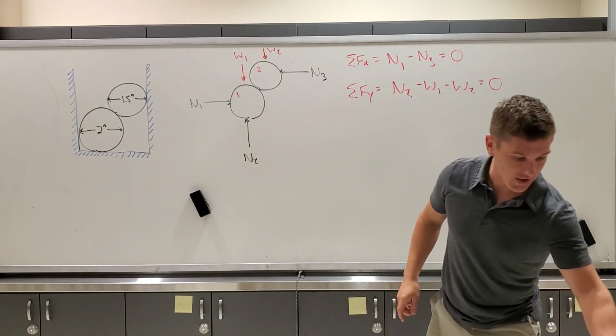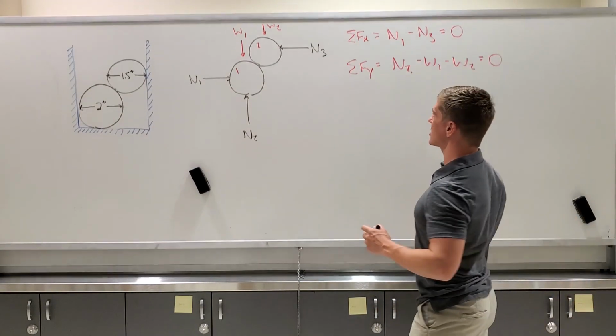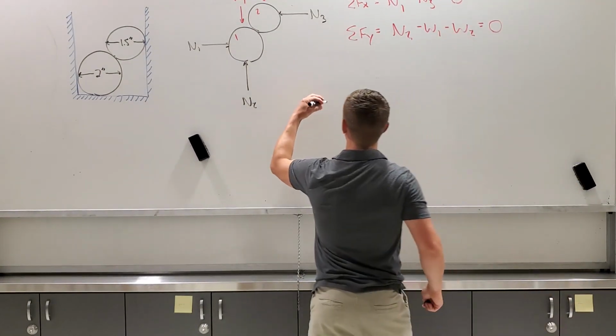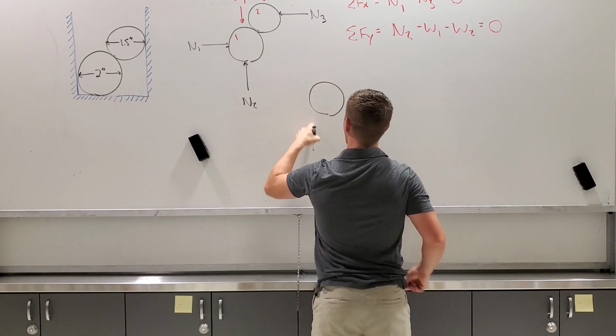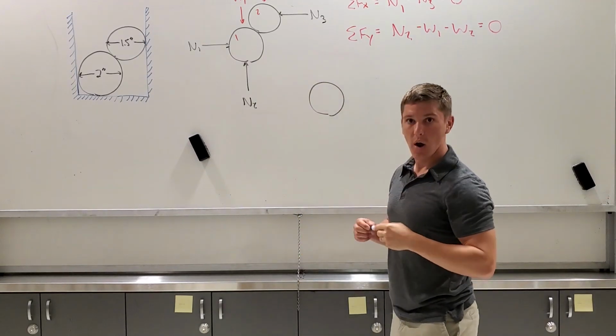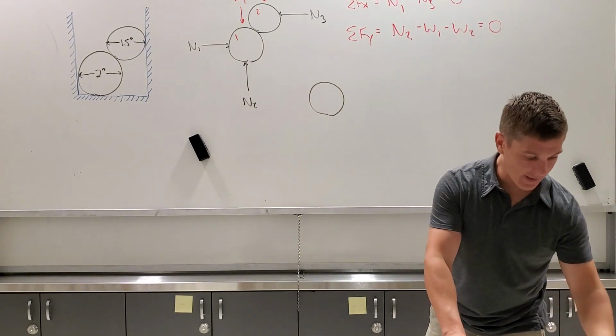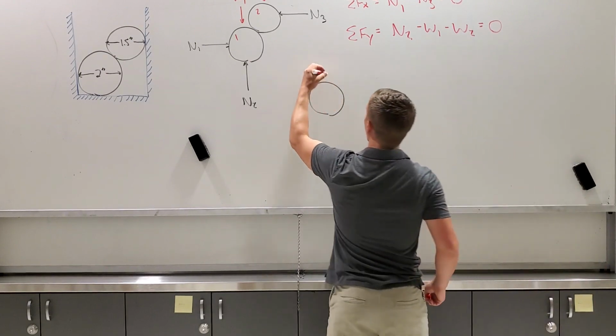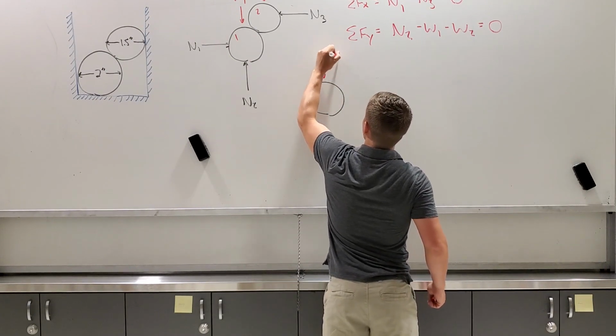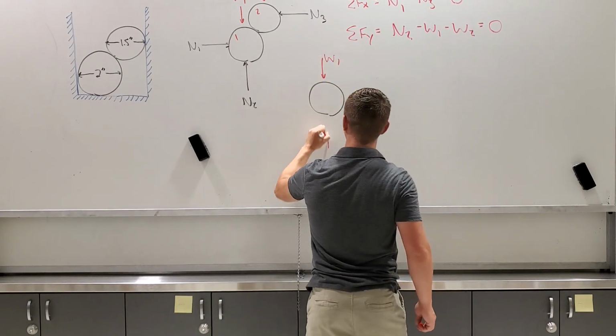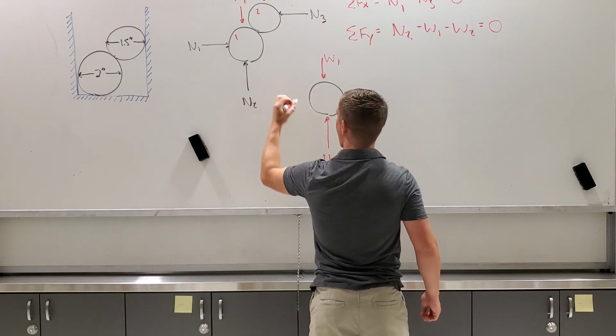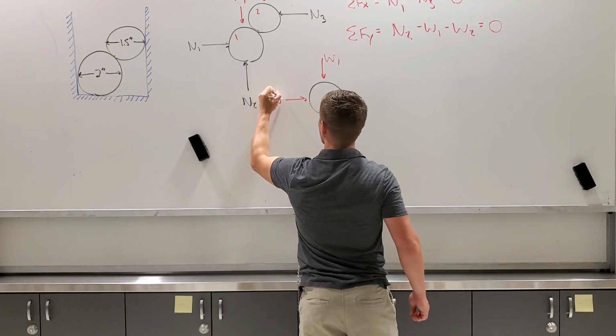Okay, so if I want to look at just particle 1, just steel ball bearing 1, I can draw my 2-inch ball bearing here, and let's go ahead and draw our free body diagram. So our free body diagram, once again, we have weight 1 acting downward, I have N2 acting upward, and I have N1 acting this way.